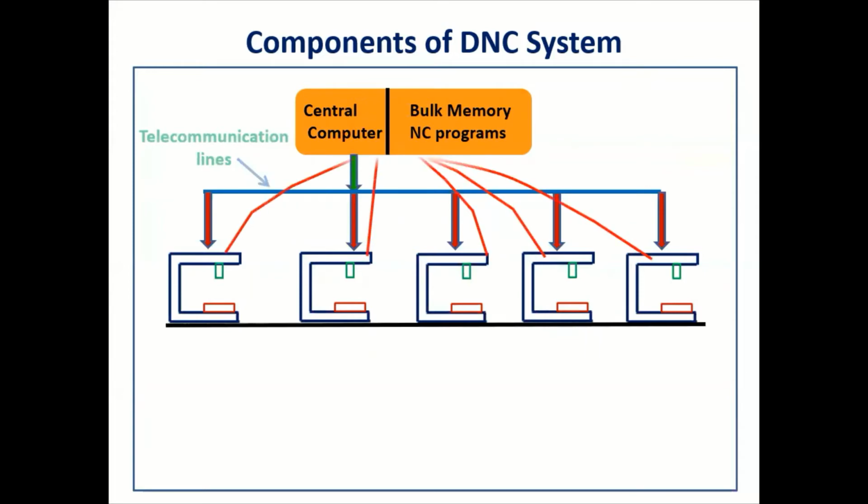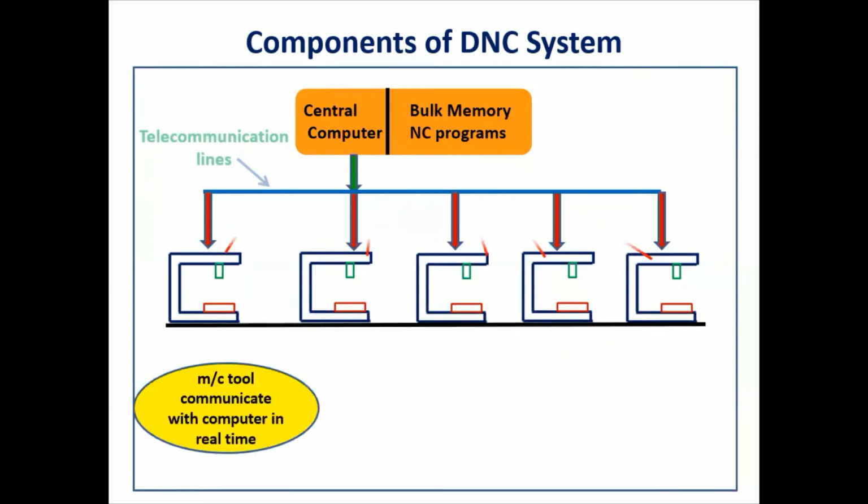The information flow takes place in real time, from the machine tool to the DNC computer through the telecommunication line or through a special control unit. So various machine tools communicate with the computer in real time, meaning without any time lag between the central computer and the machine tool.